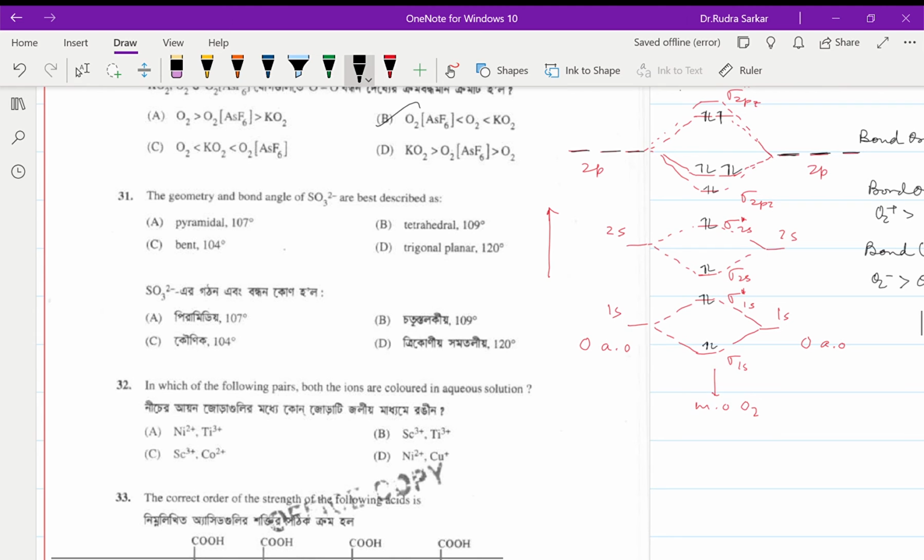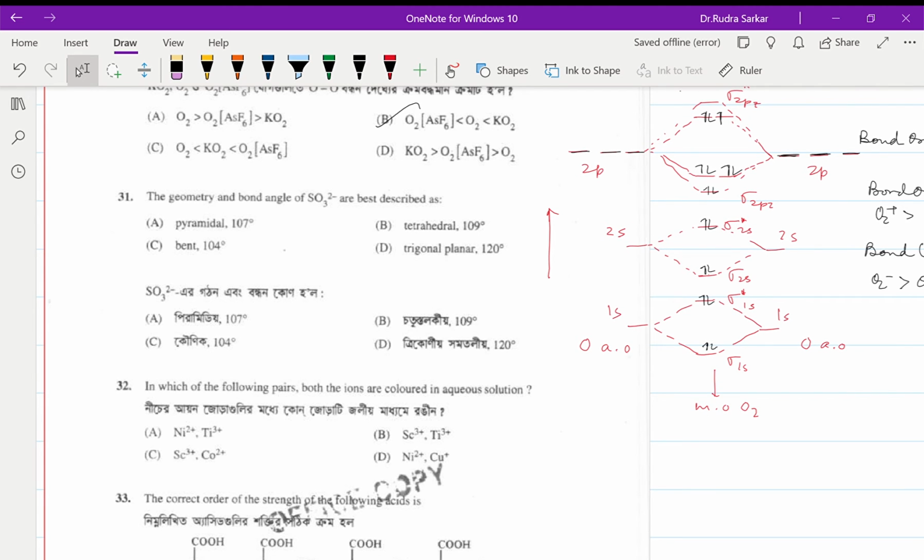Okay. Question number 31, it says geometry and bond angle of SO3 2 minus. So for that, we will do the total valence electron count, 6 for sulfur, 6 for oxygen. There are 3 such, and 2 electrons, and that gives me a total count of 26 electrons. Okay. Now 26 is a number that is greater than 8, so we will say 26 divided by 8, and we will say 3.